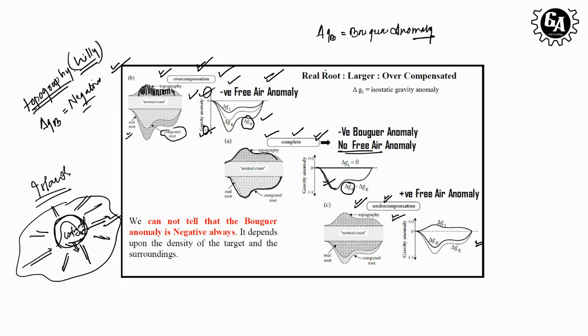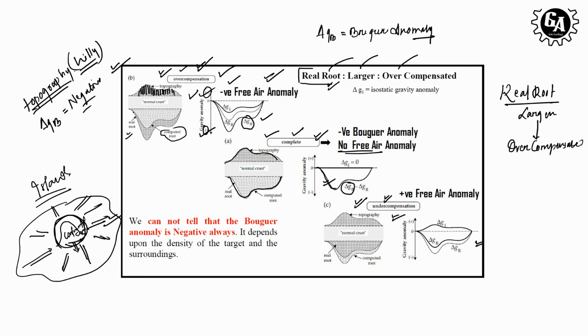So can we write down that if the real root is larger, it is overcompensated.